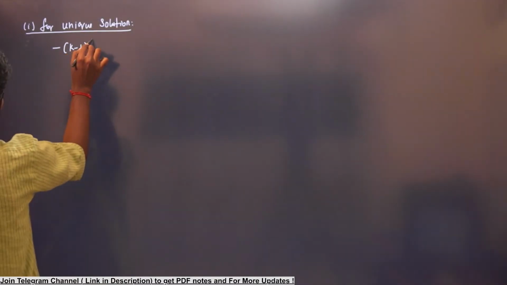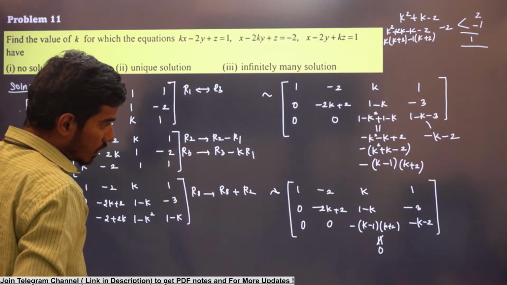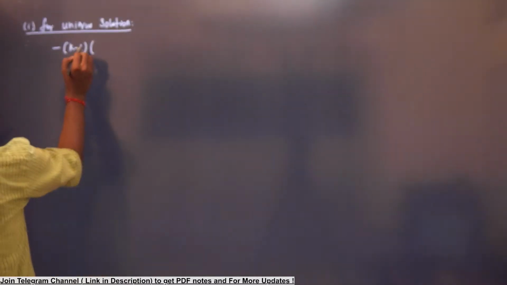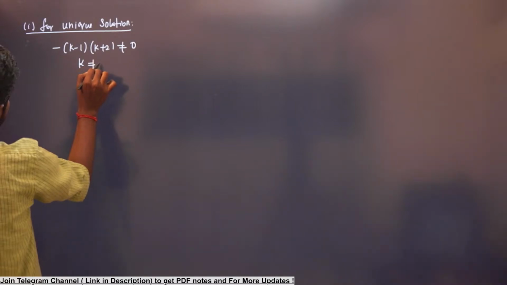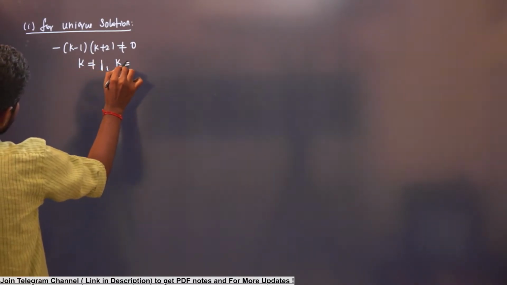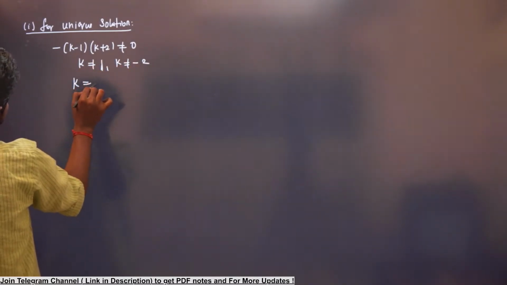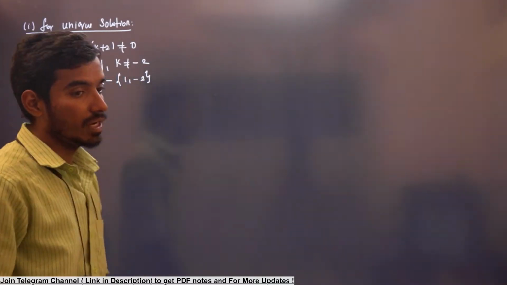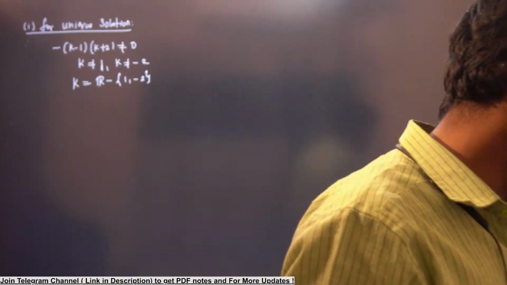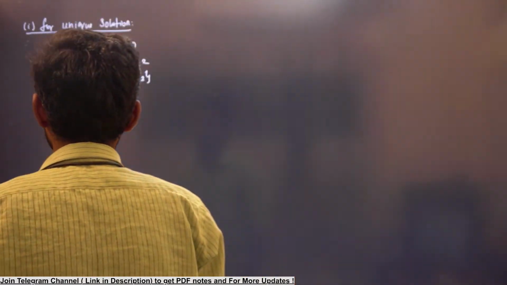That is minus of k plus 1, k minus 1, k plus 2. This term should not be 0. That means k should not be 1 and k should not be minus 2. So k can take any real value except 1 and minus 2. If you put any value of k here, then the system will always have a unique solution.